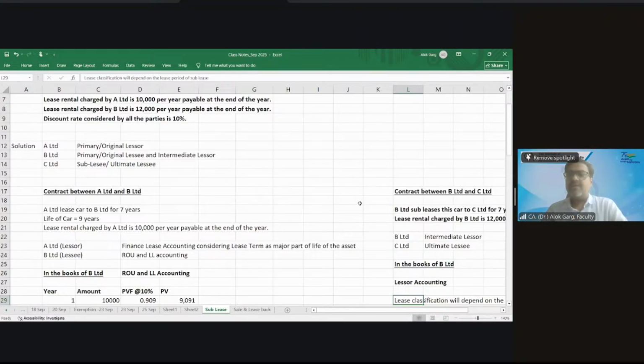Tell me, what is the accounting in my books? Sale and purchase, yes, sir. Sale 60,000 rupees, purchase cost 50,000 rupees. And the one to whom I sold is also a trader. What accounting will he do in his books? Purchase cost 60,000 rupees, and let's say he has sold to the ultimate customer at 70,000 rupees.